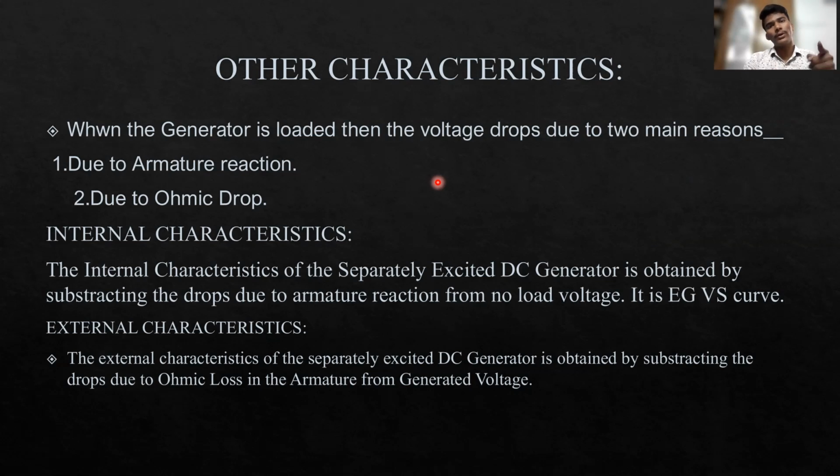The first topic was open circuit characteristics; next are the other characteristics, the general characteristics. When the generator is loaded, the voltage drops due to two main reasons: due to armature reaction and due to ohmic drop.